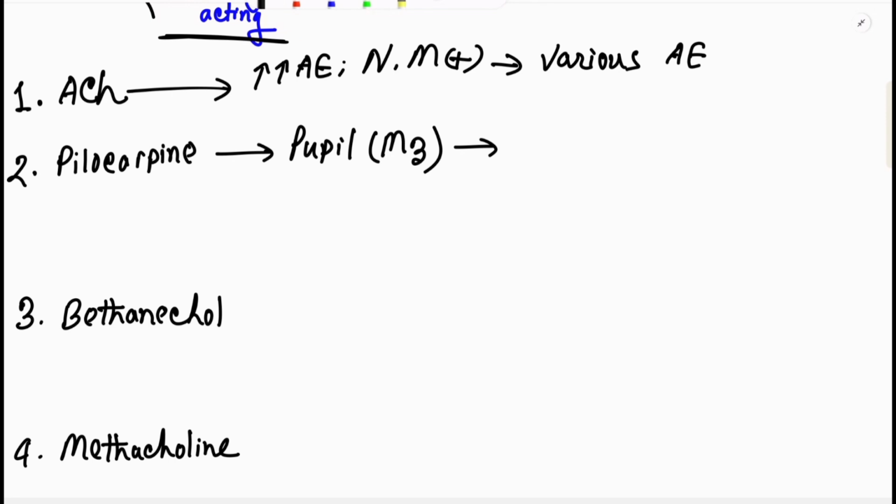So stimulation of the parasympathetic nervous system in the pupil will lead to constriction of the pupil, which is known as miosis. The miotic utility will help in angle closure glaucoma. How miosis helps in angle closure glaucoma, and the mechanism of it, we will discuss in detail when we discuss anti-glaucoma drugs.